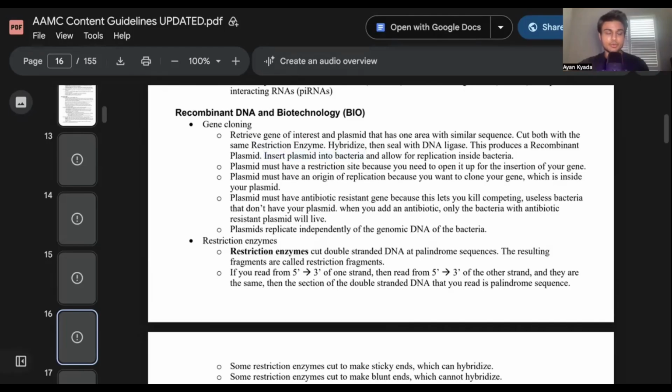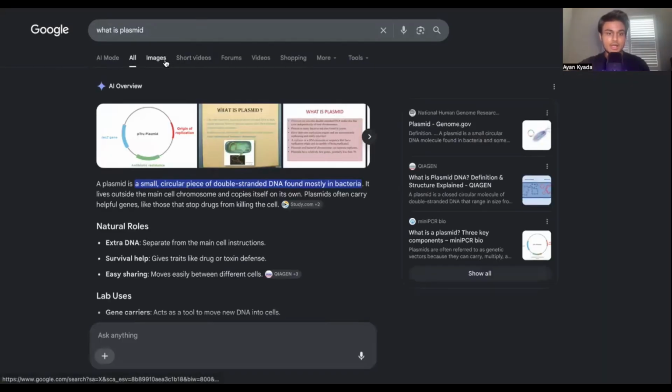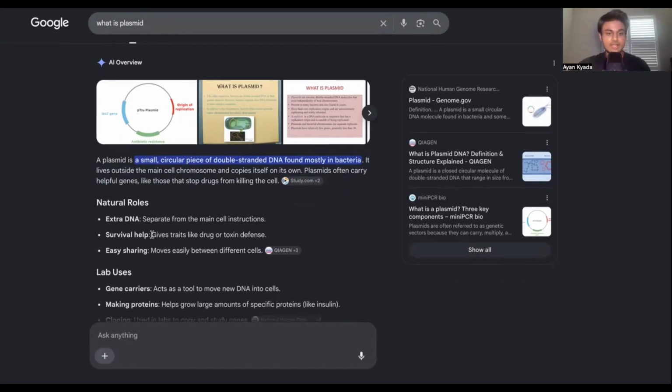And if you're not familiar with the term plasmid, a plasmid is essentially an extraneous piece of DNA found in bacteria. So it lives outside of the main cell chromosome, and it's not a vital part of the genetic information, but it offers things like survival traits. So it can help give traits like drug or toxin defense, or the plasmid can be easily shared.